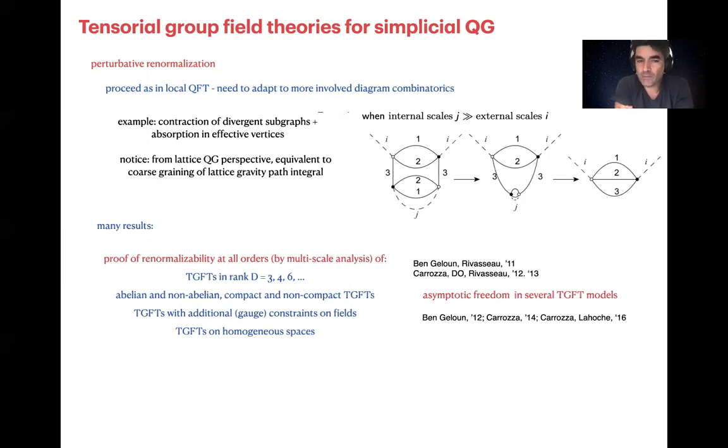There are many results that have been obtained concerning perturbative renormalization of tensorial field theories, and a large number of different models have been shown to be perturbatively renormalizable in rigorous terms in different ranks, for both abelian and non-abelian groups, compact and non-compact, with or without additional constraints on the fields, and even beyond group domains to homogeneous spaces.